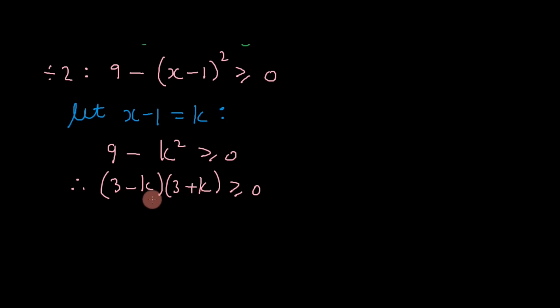Now, we can draw a parabola for this. So for the left-hand side, our roots in this case will be -3 and +3.